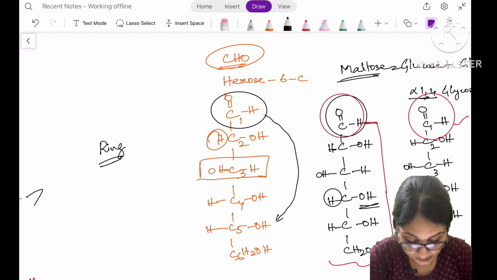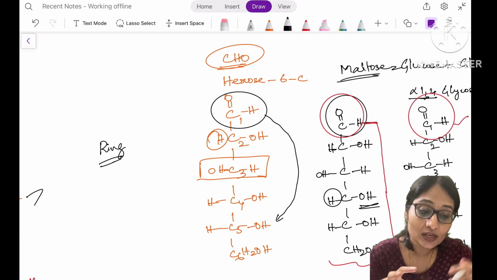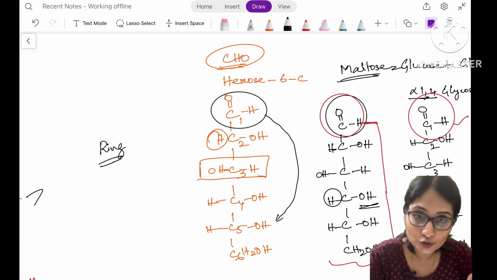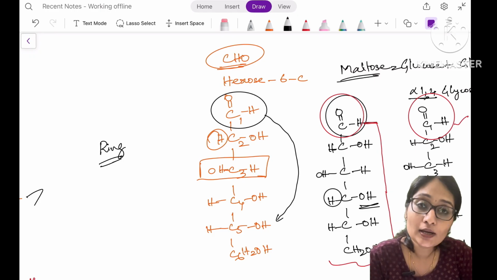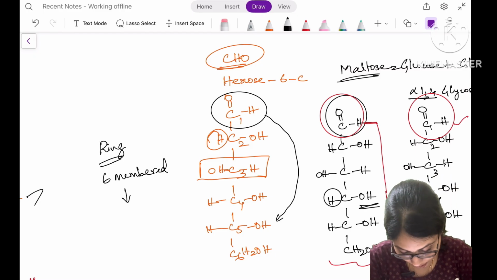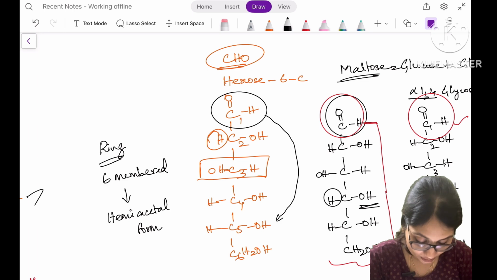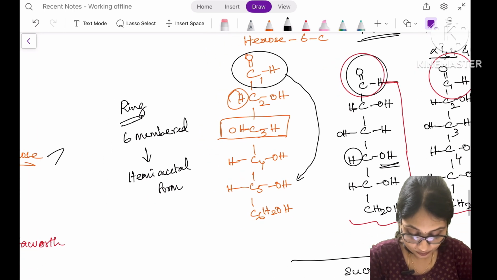So intramolecular hydrogen bonding happens between the first and the fifth carbon, resulting in a six-membered ring structure. This six-membered ring structure is called the hemiacetal form.